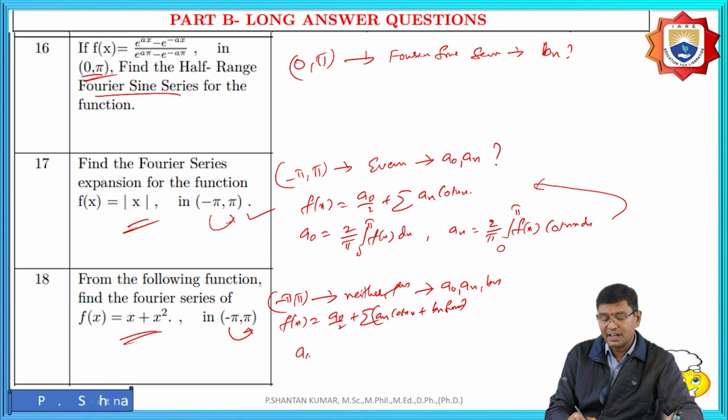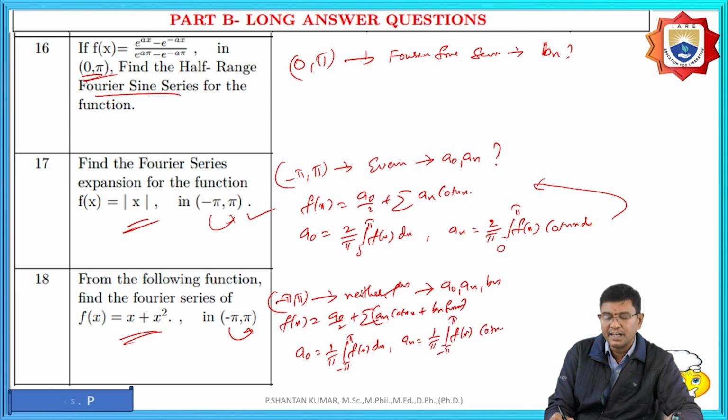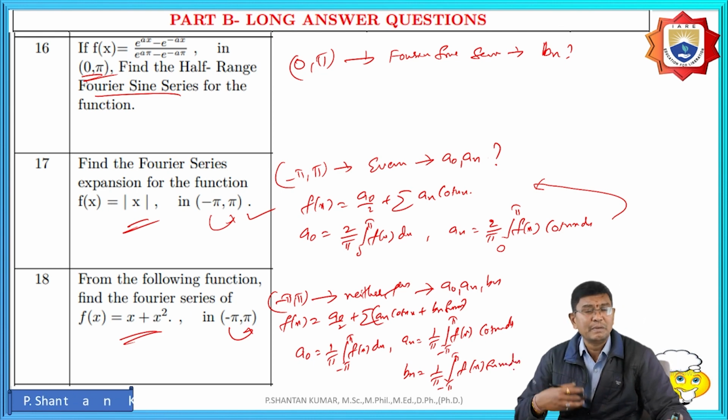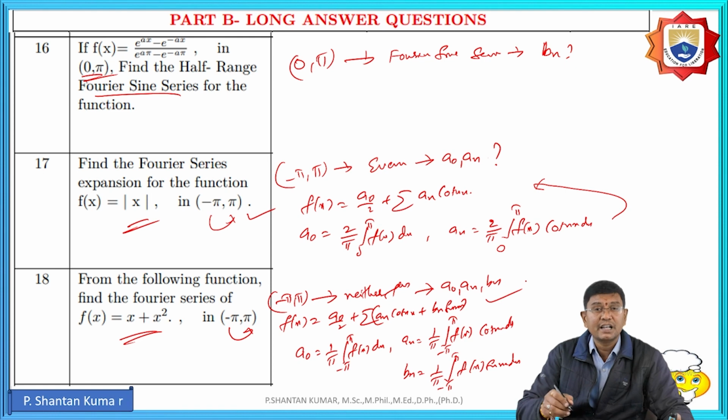And here a0 is by the formula 1 by pi integration minus pi to pi f of x dx. And again an is equal to 1 by pi minus pi to pi f of x into cos nx dx. And bn is 1 by pi minus pi to pi f of x into sin nx dx. And after getting all these values, we can replace them in the required series.